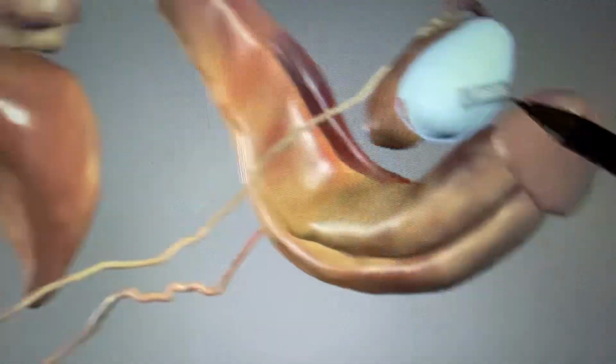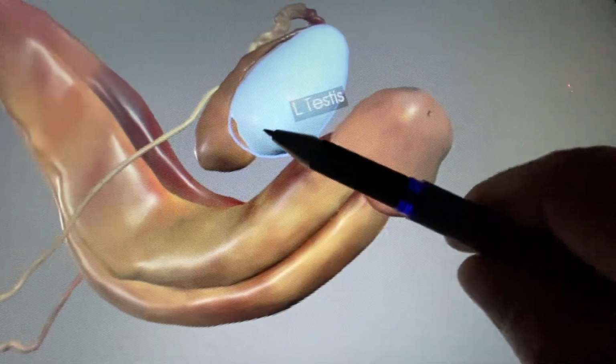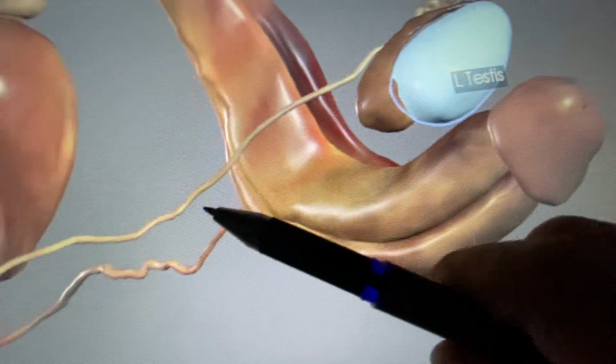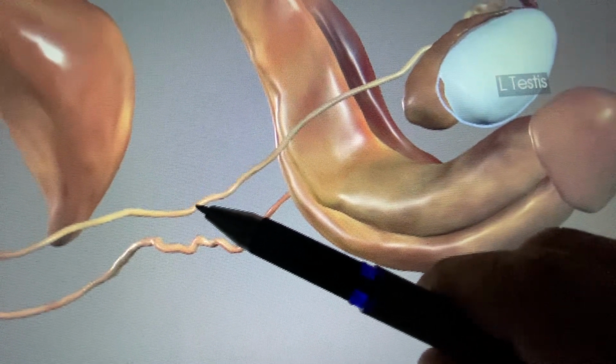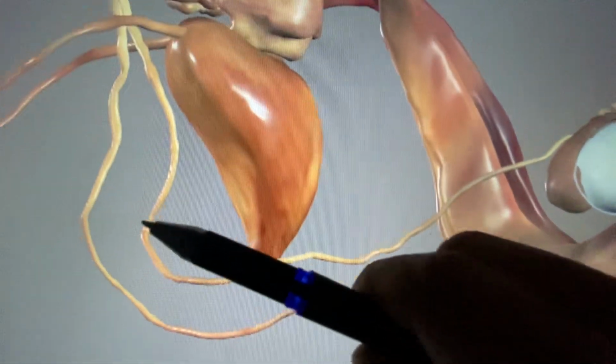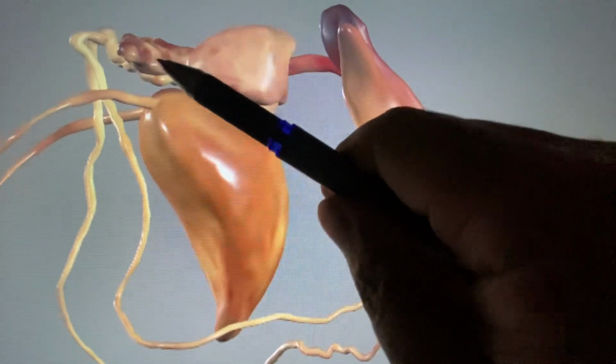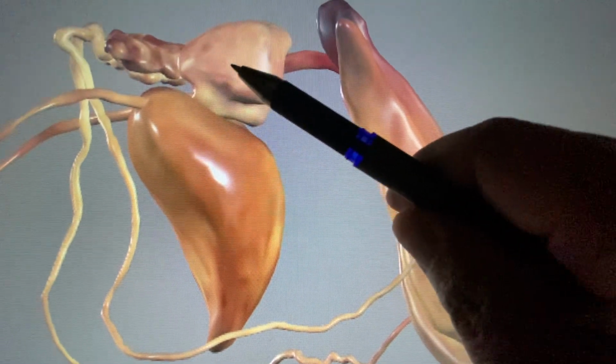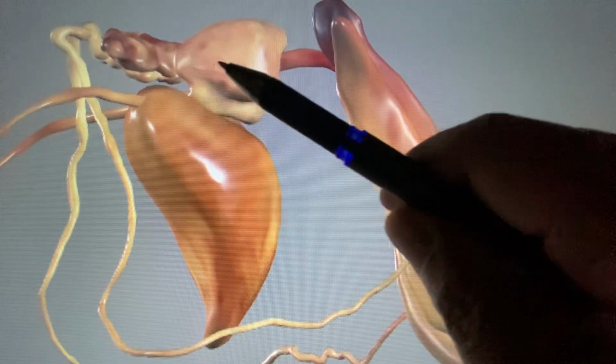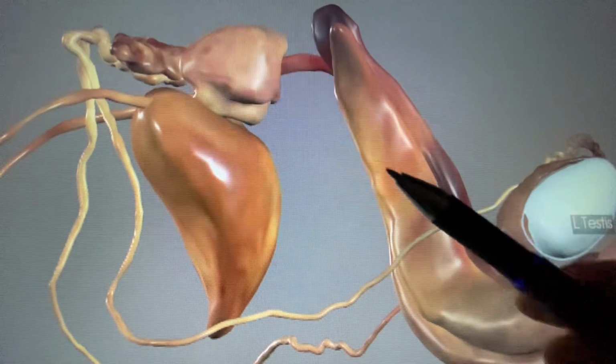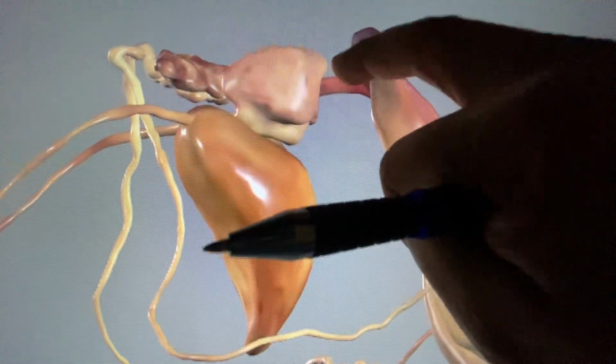Okay. So let's trace back. Testes, epididymis, then your ductus deferens, also known as your vas deferens, goes all the way up and around, connects into your seminal vesicle, then your prostate. And underneath all of that, that's of course your male urethra.